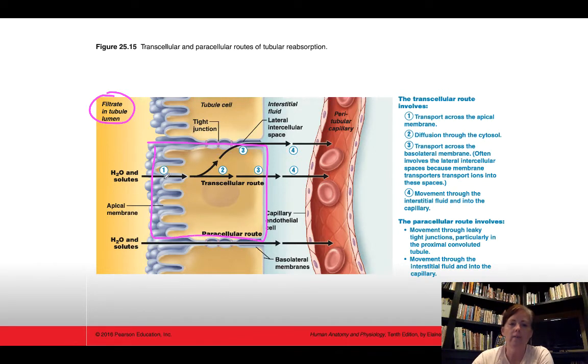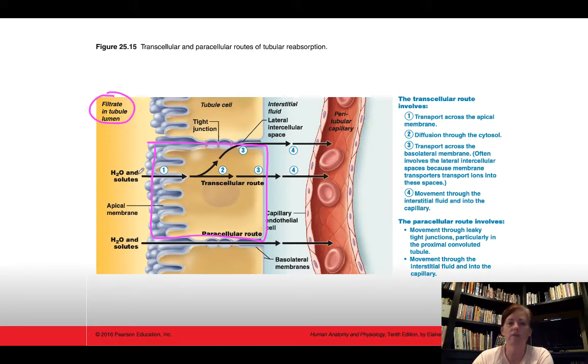This is the apical membrane of the cell because it's the surface of the cell that's open to the lumen of the organ or structure. Here's the cytosol of the cell, here's the basal or basolateral surface, here's the interstitial fluid between the tubule and the capillary, and here's the capillary. That's in general what we're seeing.